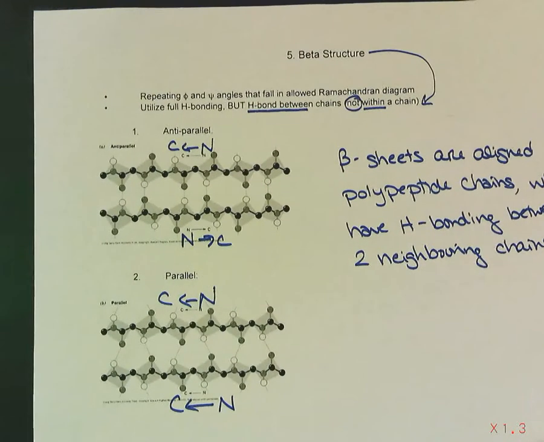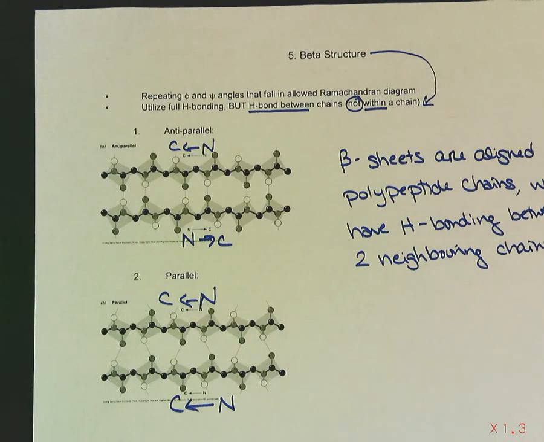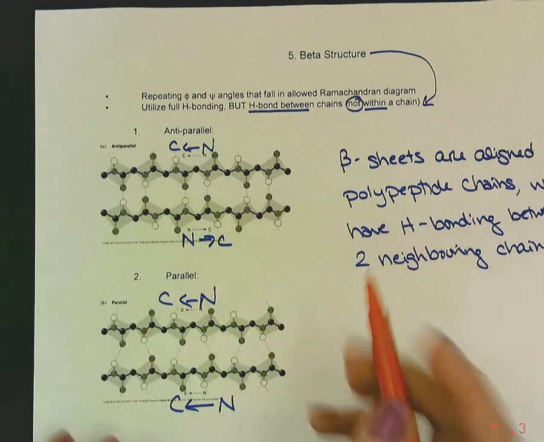So in an anti-parallel configuration, the hydrogen bonds are lining up perpendicular to the chain.